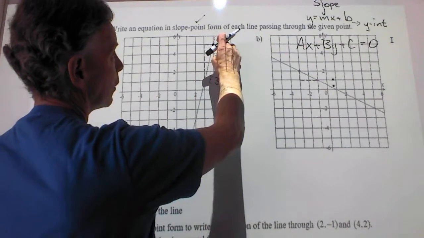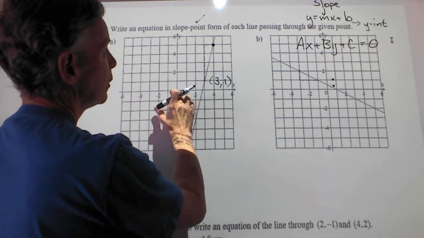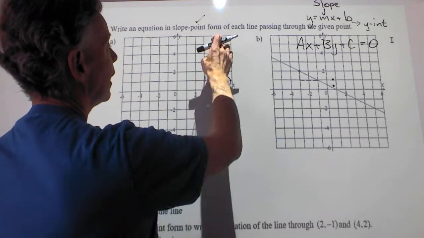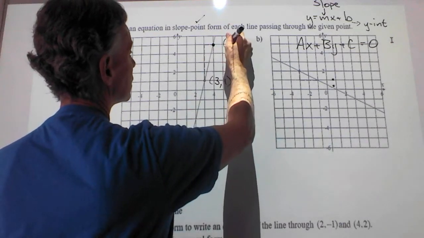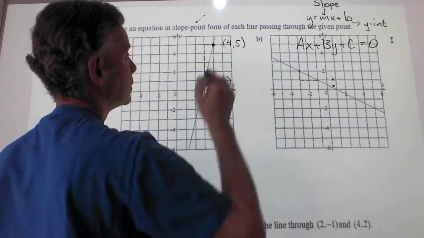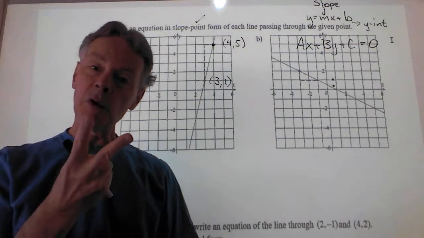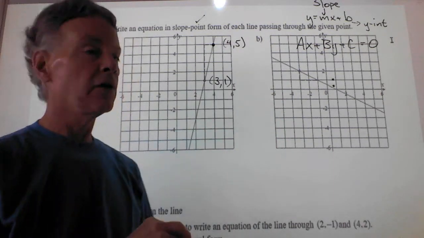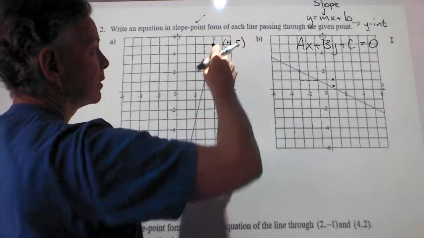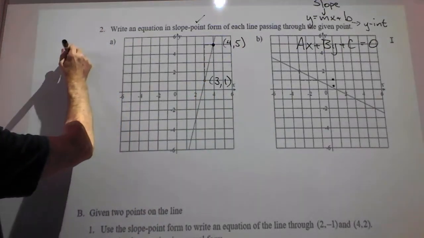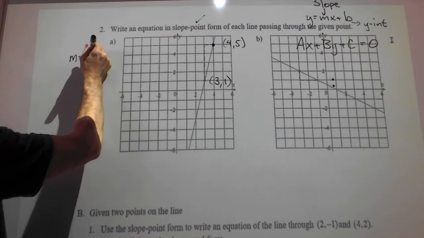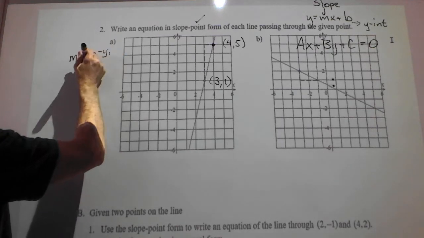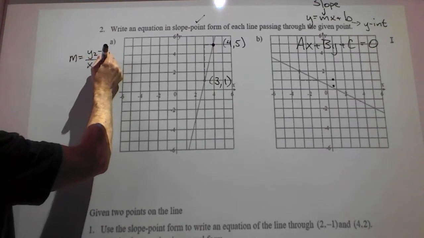So, what are the coordinates of this point? 4 across and 5 up. If we have 2 points on the line, we can find the slope. So let's plug these into the slope formula. Remember that's slope equals y2 minus y1 over x2 minus x1.